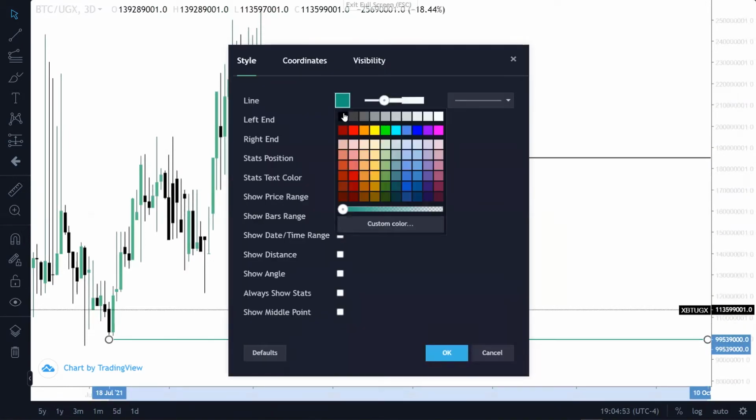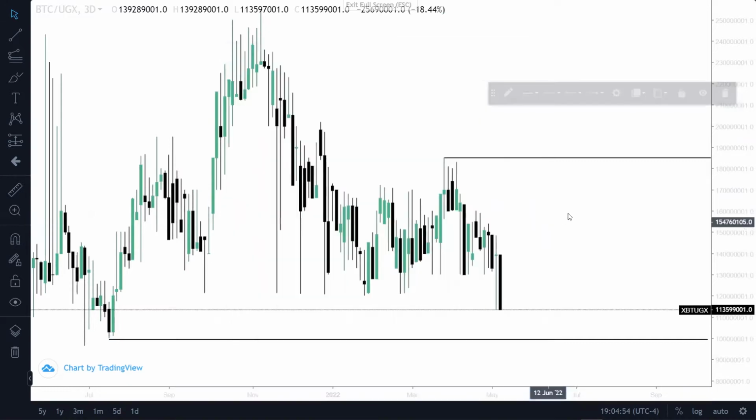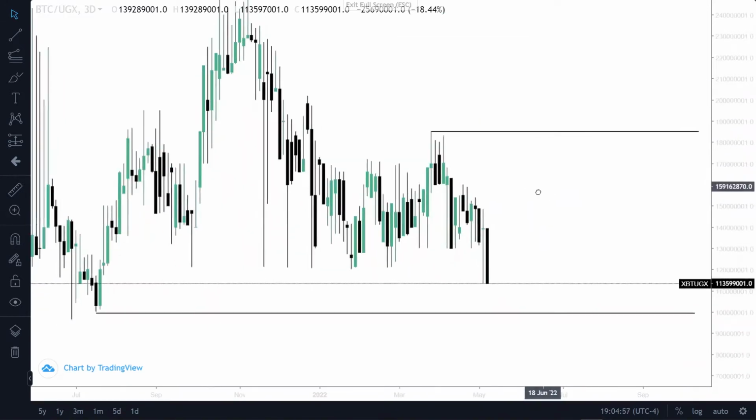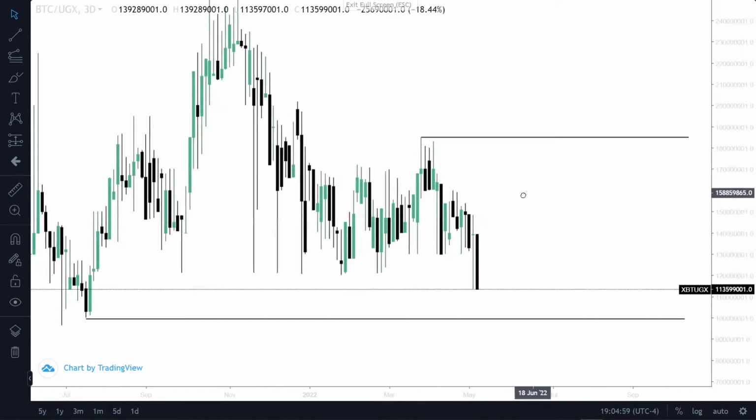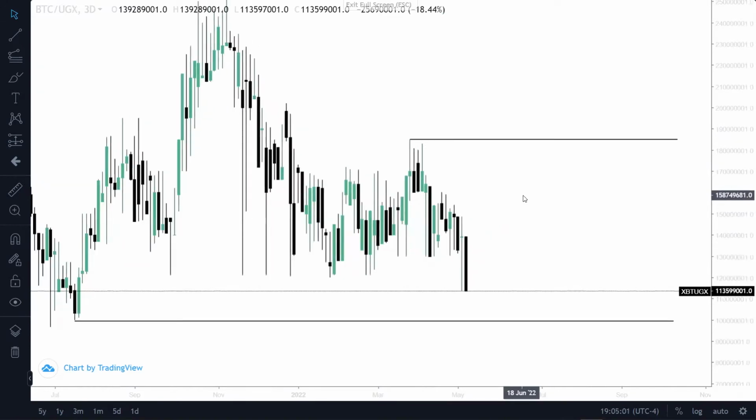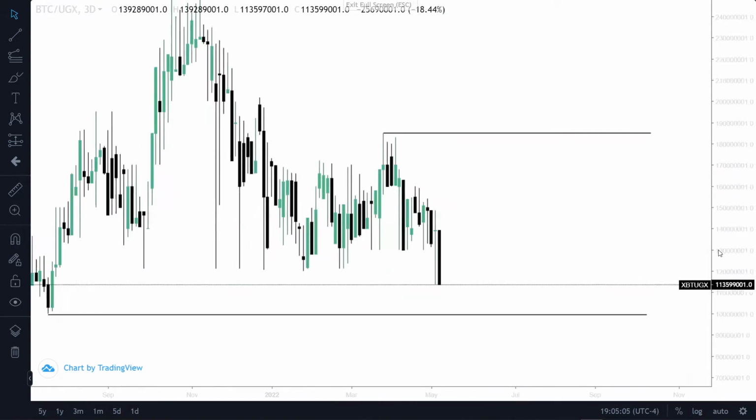So what exactly are we doing? We are looking at the price range. Okay, Bitcoin, we're trading it against the Ugandan currency. So we see at the moment we are at 113 million Ugandan shillings right here in the corner. Okay, with this level, price equals 113 million Ugandan shillings.